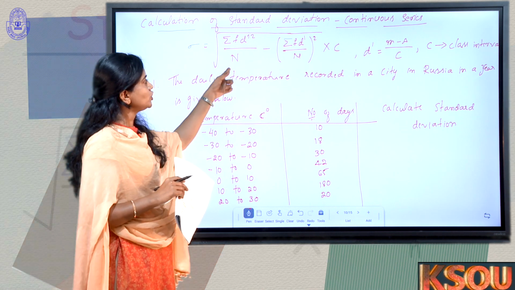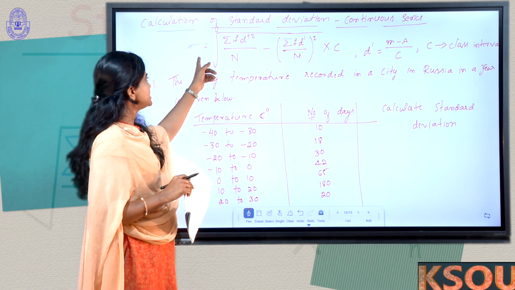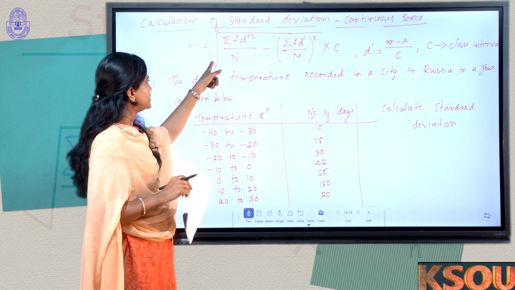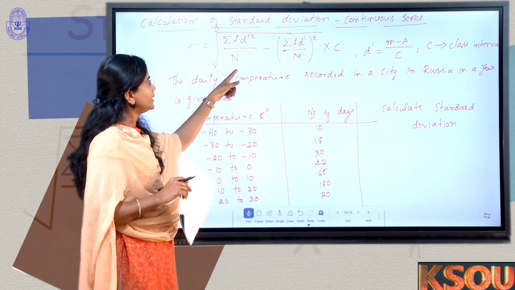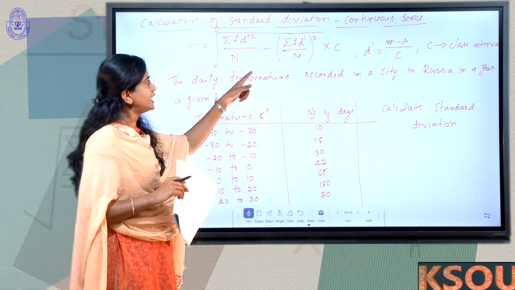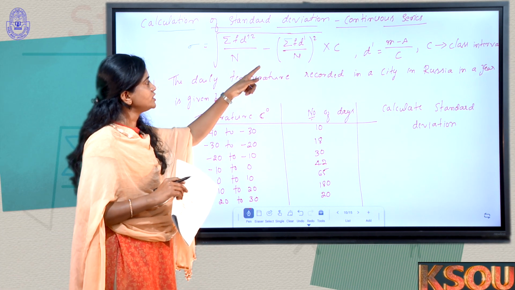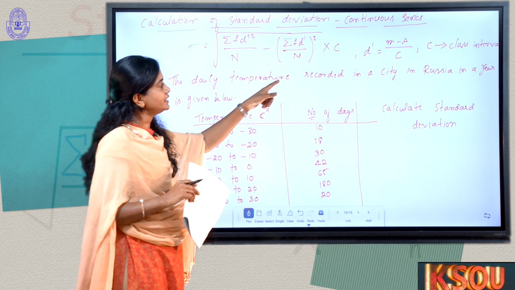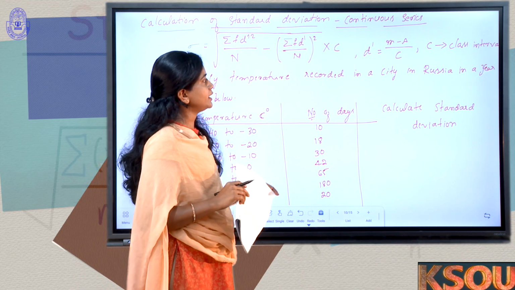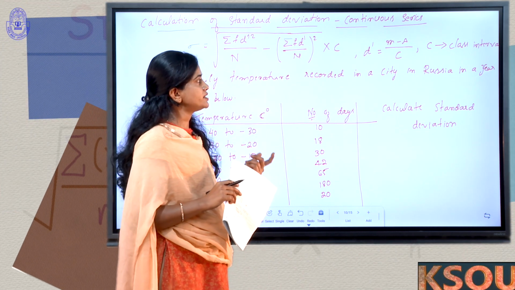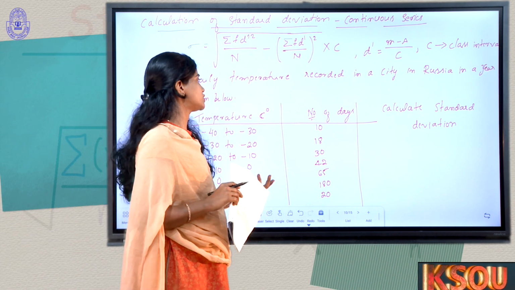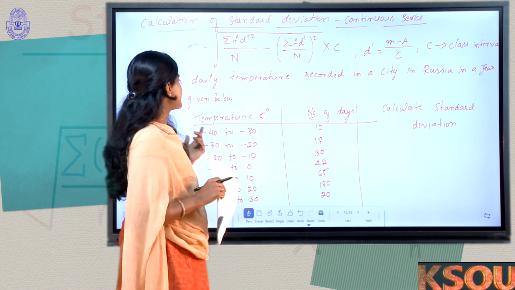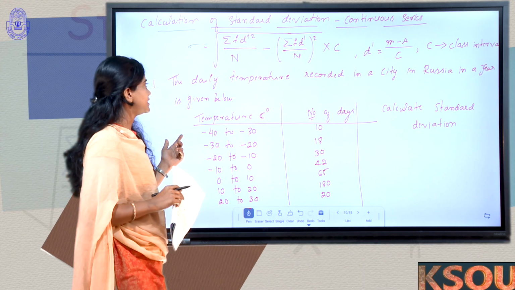For that you will have to apply the same formula: sigma is equal to square root of summation fd dash square divided by n minus (summation fd dash by n) whole square, into c, where d dash is equal to m minus a by c. As I told you, c is equal to the class interval; you will have to take the size of the class interval. Let us see this example under continuous series.